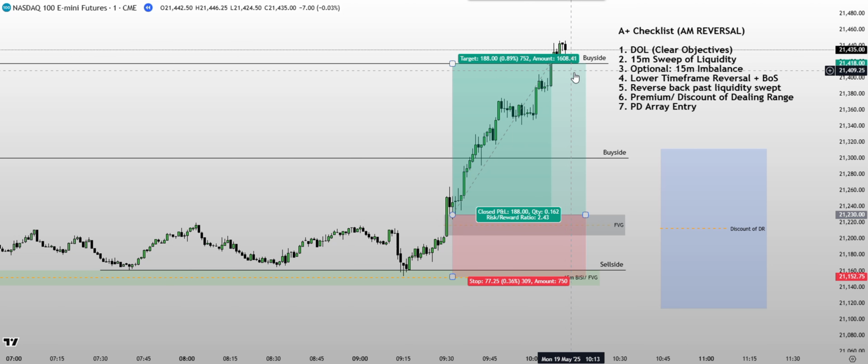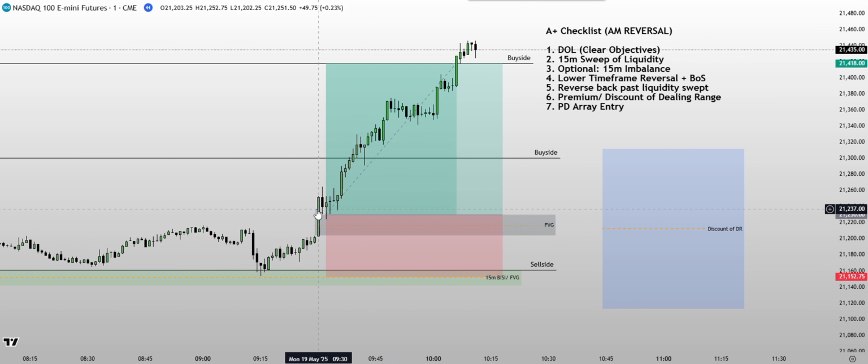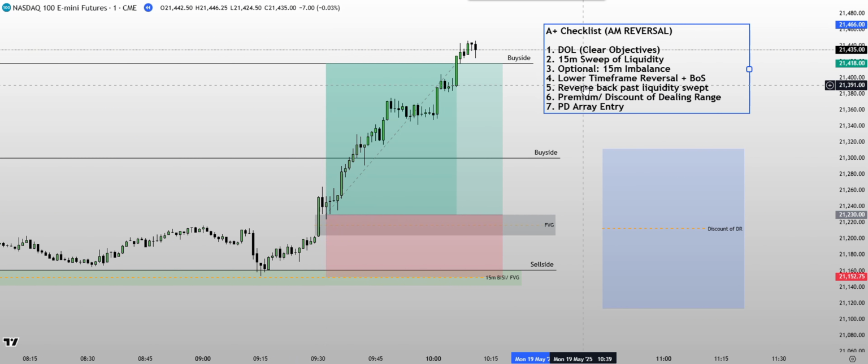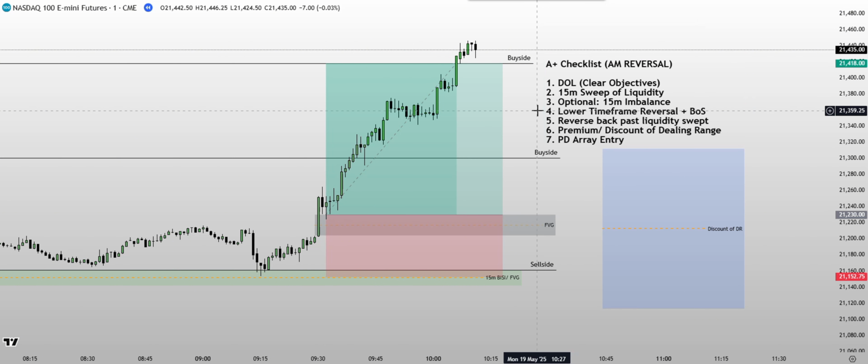So there is example 2 shown with a precision entry following these clear and strict rules that you can utilize to maximize your results. So there is trade example number 2 done.